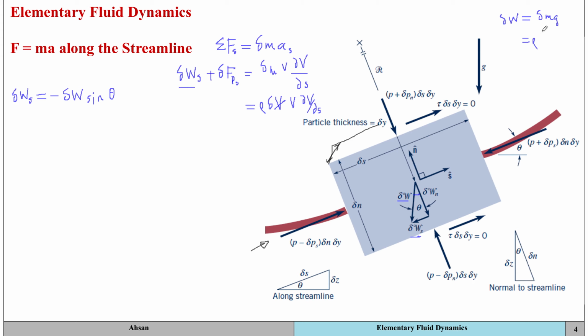So it's density multiplied by the differential volume into g, and then density, which is rho, multiplied by g. Rho g is equal to gamma, which is the specific weight, multiplied by delta volume. Okay, so I can plug that in here.